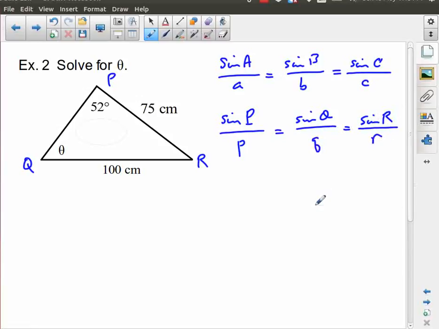And now, just like before, I'm going to fill in what I know and what I'm looking for. So sine of capital P is actually the sine of 52 degrees over lowercase p, the side, 100. Sine of capital Q, that's theta. So that's sine of theta. That's what I want. And the side is 75, opposite to that.